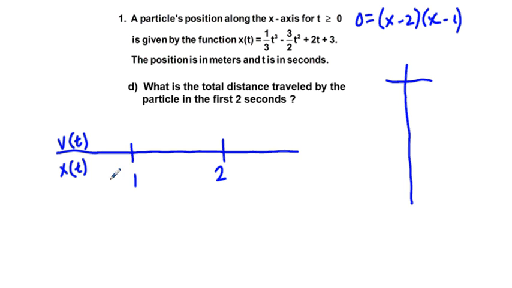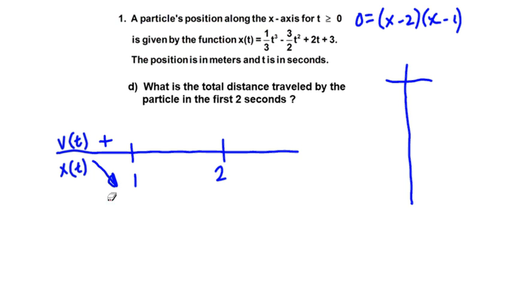For less than 1, we're going to have a negative times a negative. So our velocity is going to be positive.